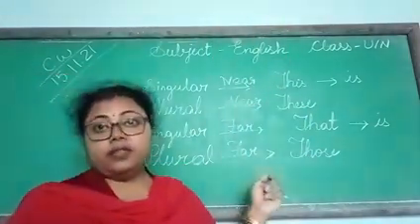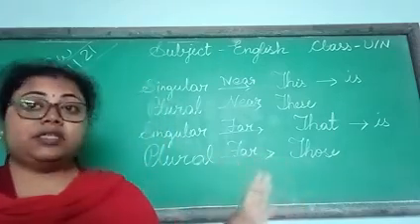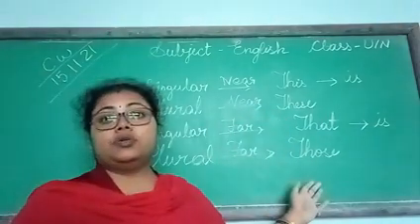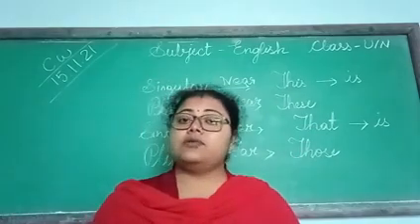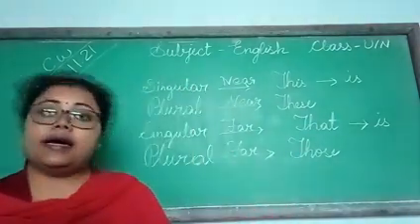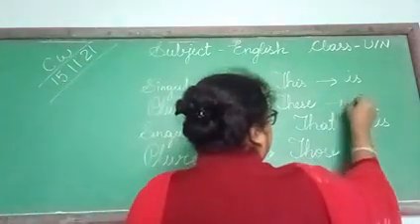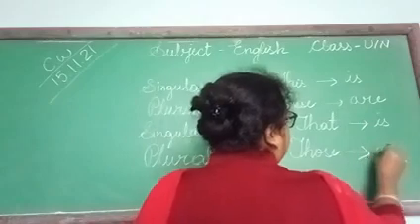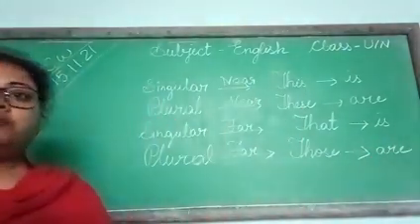Next, if the thing is near or far but in plural form, then you use these and those. So beside these and those, what comes? A-R-E, are. Understand?